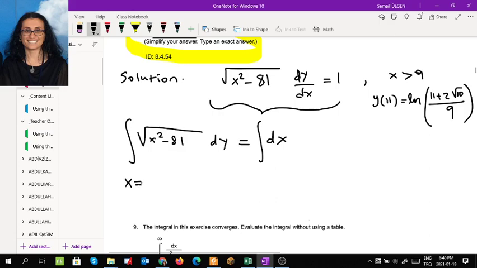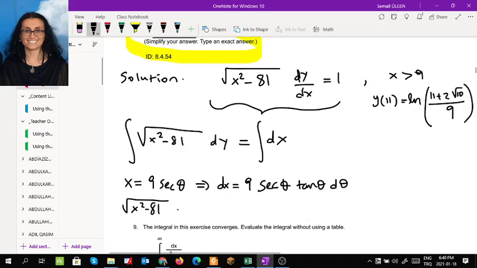In this case a is 9, so x is 9 secant theta, and from here dx is equal to 9, the derivative of secant is secant tangent theta d theta.